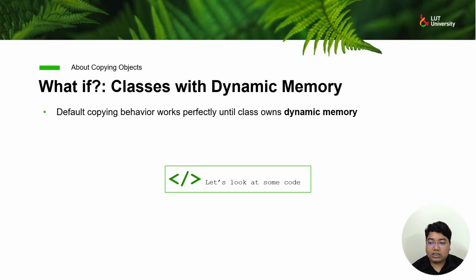So here, as you can see, we are talking about dynamic memory now. Everything looked fine a moment ago because our class only contained integers. Now let's replace those integers with dynamic memory. The compiler still performs the same member by member copy.